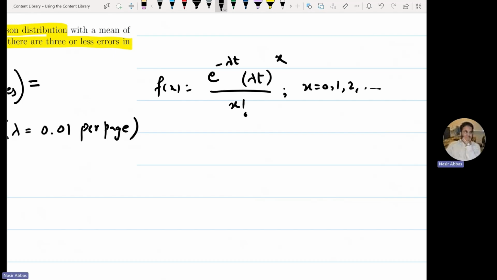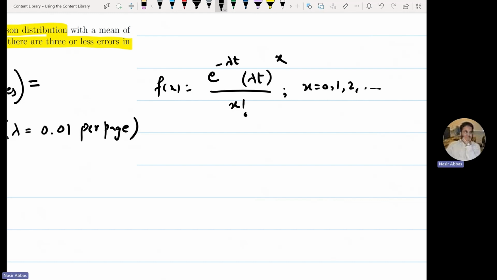You have to identify from the question that X has a Poisson distribution. The next thing is to identify the value of lambda, the number of successes per unit, and the number of units the question is about. If the question is about a single unit, this will be 1. For example, if I give you the number of errors per page and ask for the number of errors per page, t will be 1.